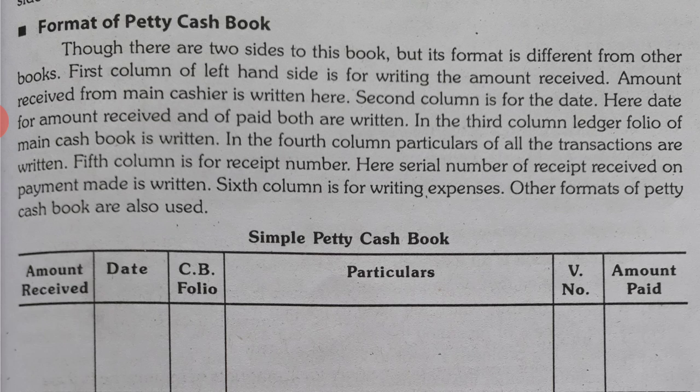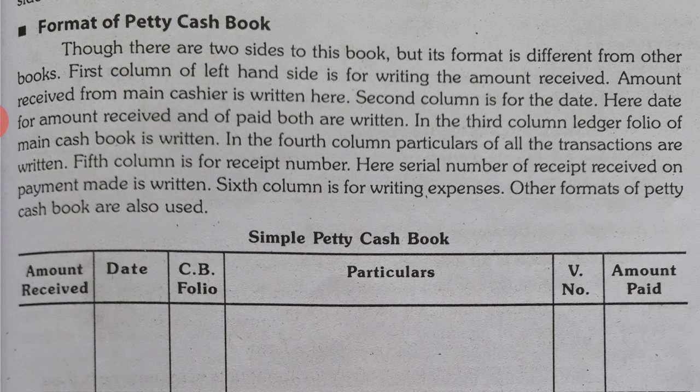You already have learnt in chapter number 3. So vouchers are the source document and they play a vital role for the verification or an evidence. So voucher number is mentioned, and the last column is for amount paid, in which how much amount is paid for that particular expense is mentioned.